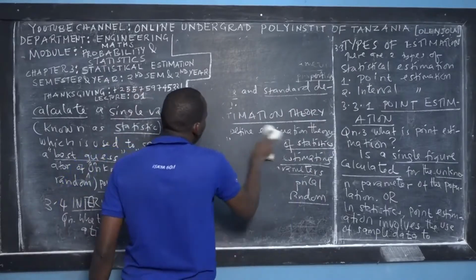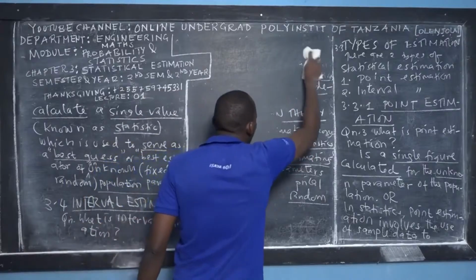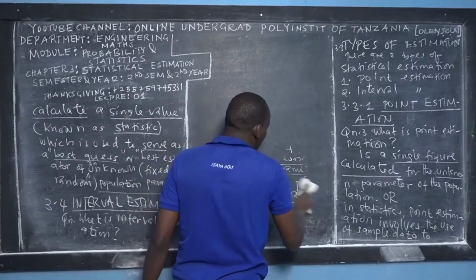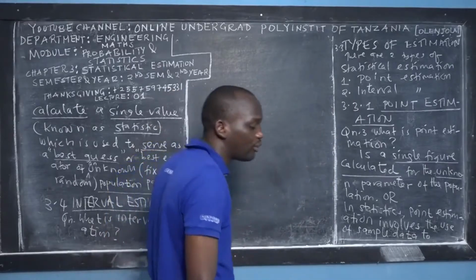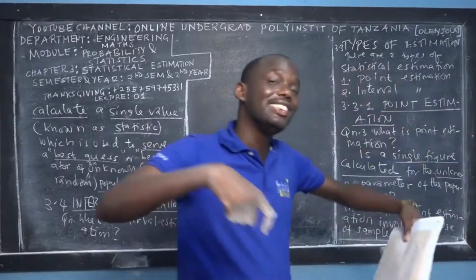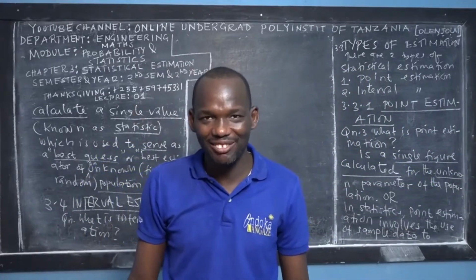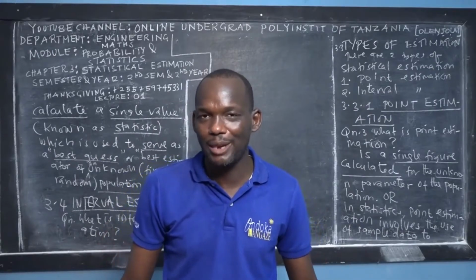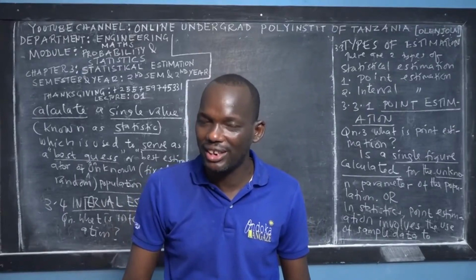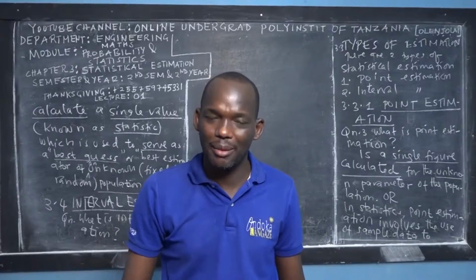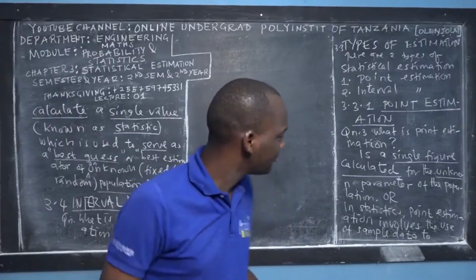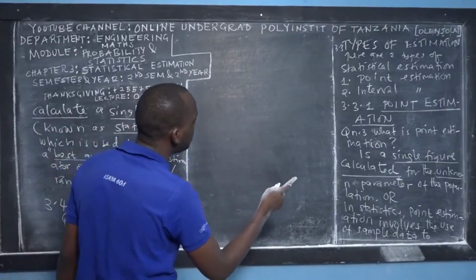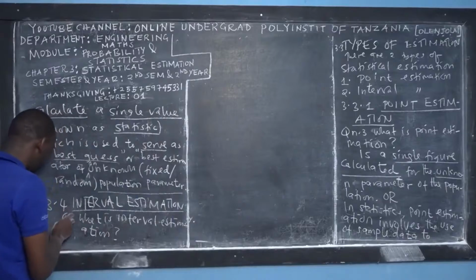Ask yourself what is interval estimation before I define it. Ask your neighbor, if you are watching this video, two of you, or three or four or five: what is interval estimation? Ask your neighbor, please. And then promise him or her that if you define it, I'll give you a gift. Yes, you see that even just a biscuit is a good gift for you. So we have this question 4. This is question 3. This is question 4.